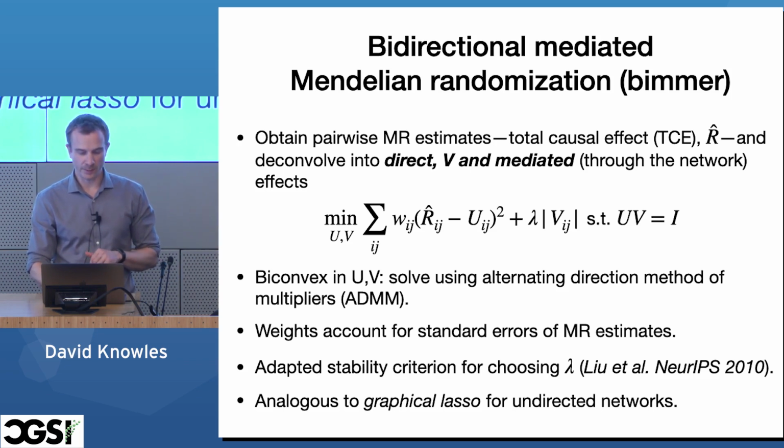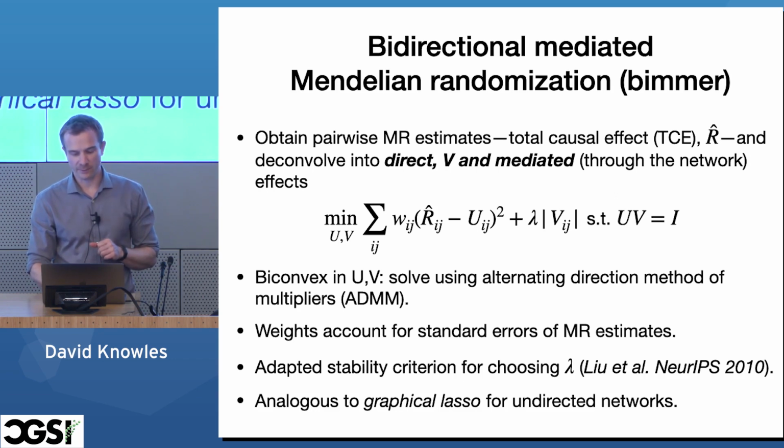So the way we set this up is to minimize this loss function. So this first term is going to encode that we want the inverse to be close to the actual R matrix.